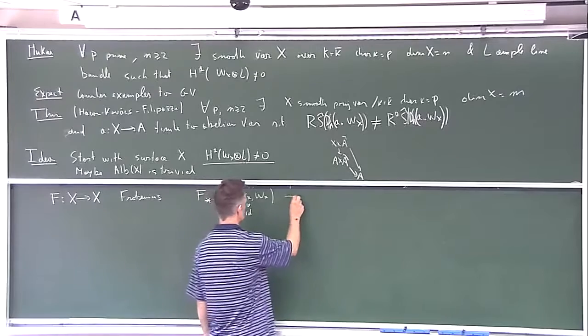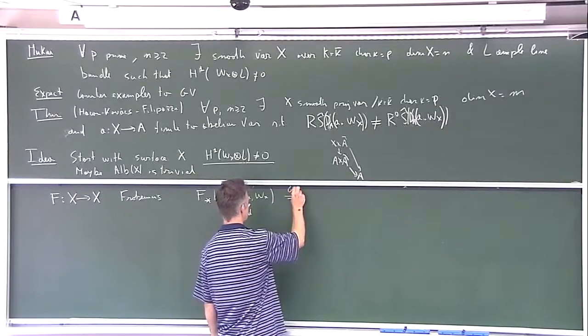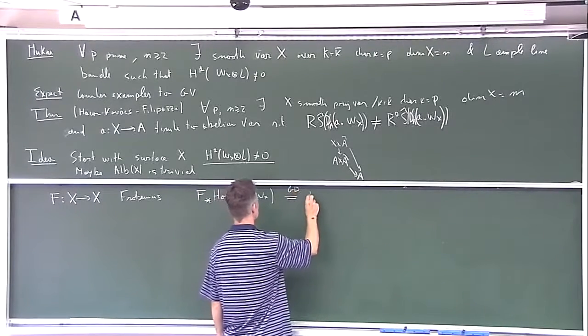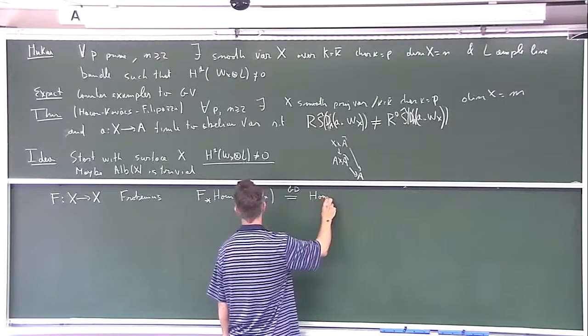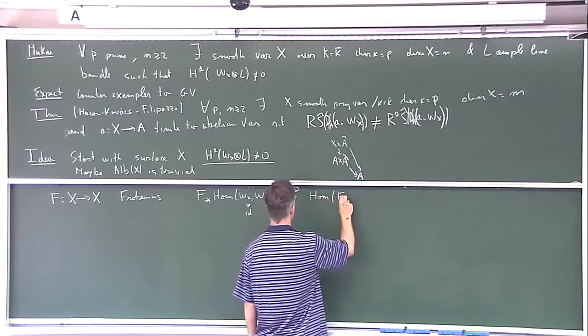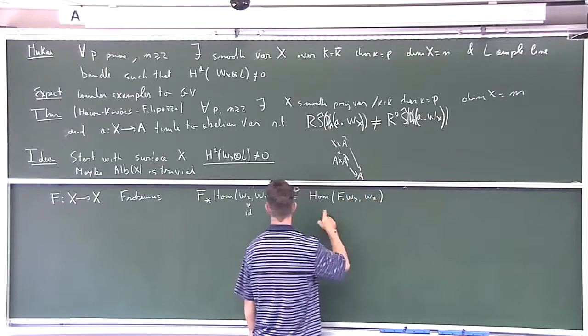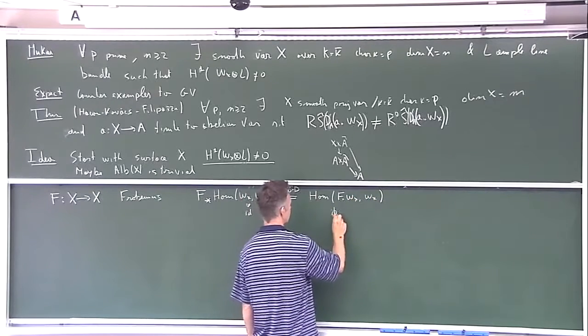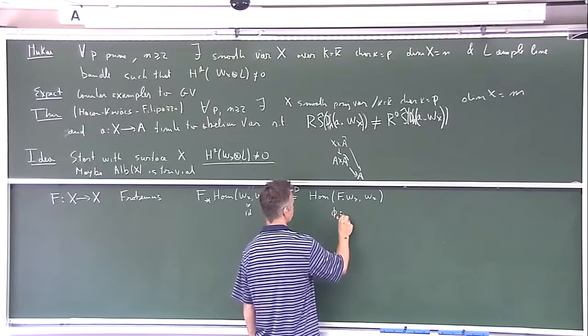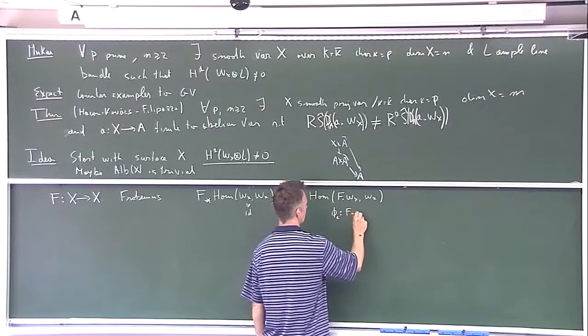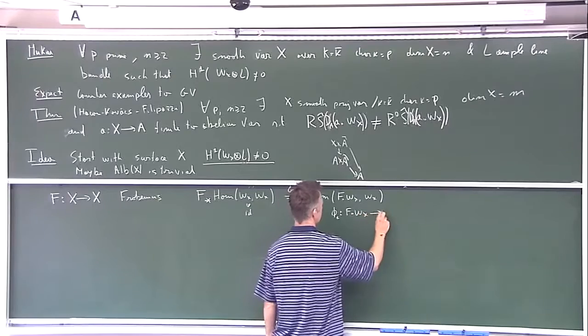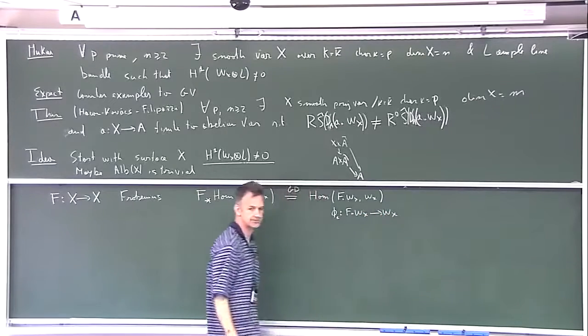Now, by Grothendieck duality, since the Frobenius map is a finite map, I don't have to worry about higher direct images. Grothendieck duality tells me that this is the same as Hom of F lower star of ω_X into ω_X. So, corresponding to the identity, I get the map φ_1 from F lower star of ω_X to ω_X. We call it a trace map.